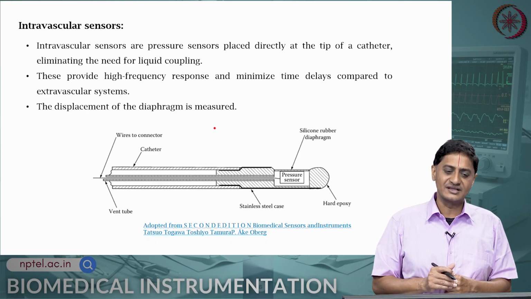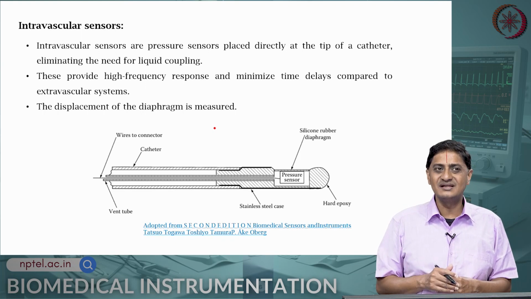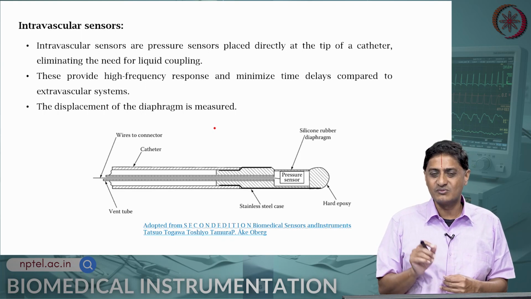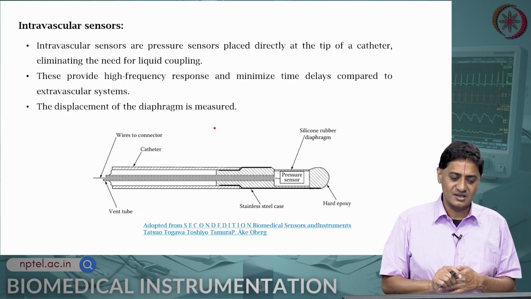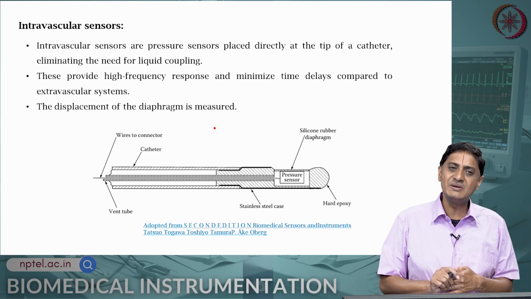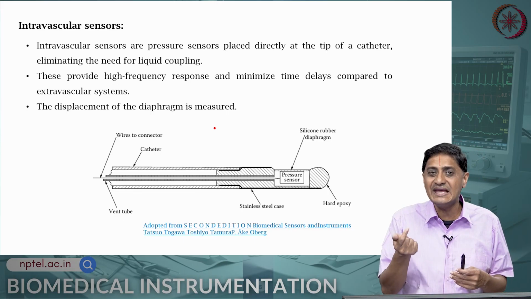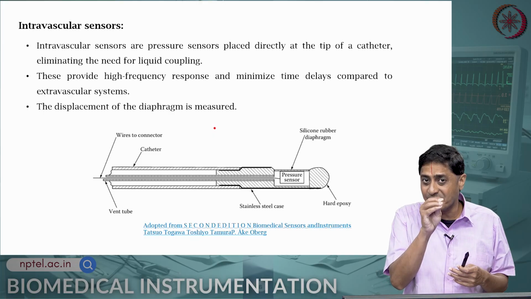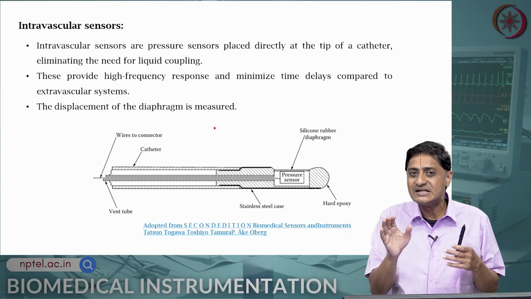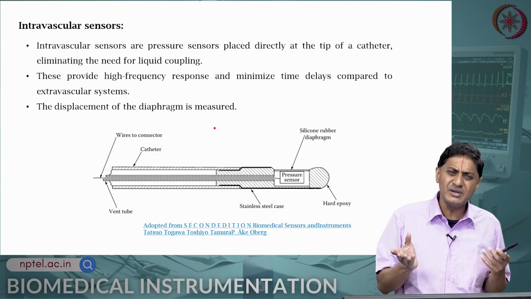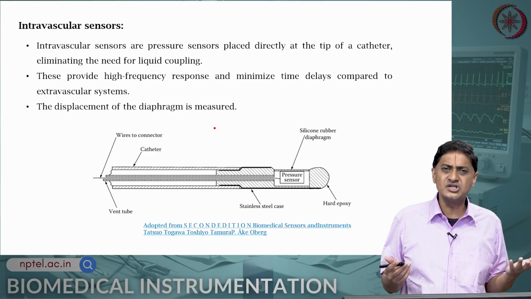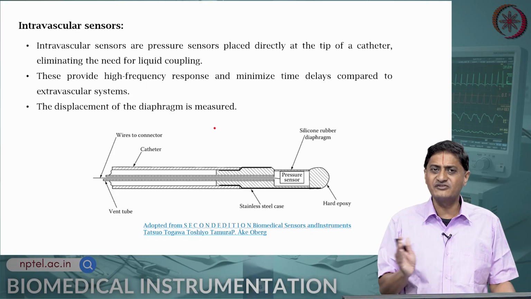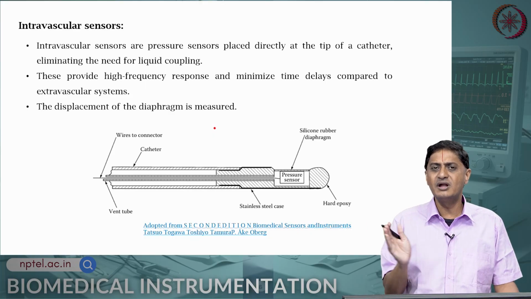That is replaced in the intravascular system, where the tip itself is entirely sensorized. They are extremely accurate and have high frequency response. So the time delay between when the change happens and when it is measured is nearly zero, quite minimal. What is our interest? We are interested in measuring the displacement of the diaphragm as a function of the blood flow, for example.